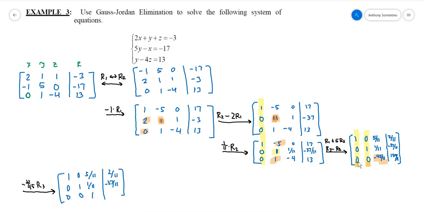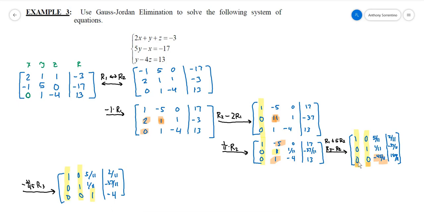That's what I wanted. 180 over 11 times negative 11 over 45 is going to give me a negative 4. So as you see again, nothing changed with these two. I've established my 1, and anything I do from here on out shouldn't change that either.